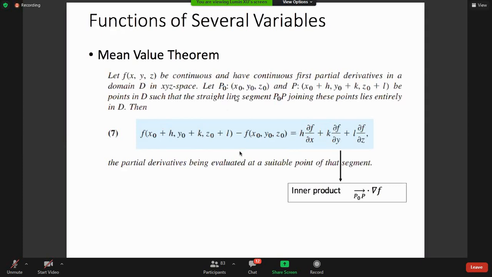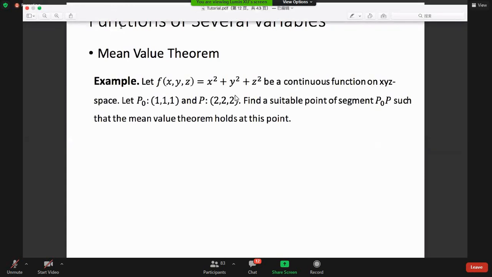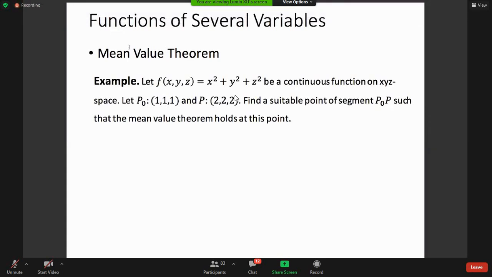So we will use our example to further introduce it. Again, you can first do it by yourself.